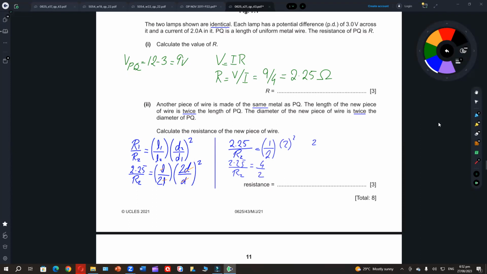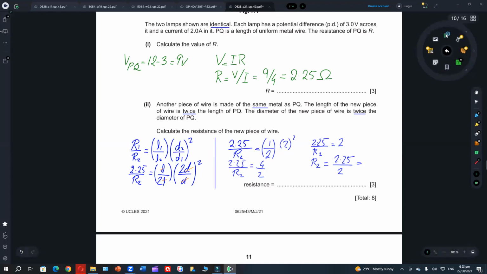I'm solving it. Please solve with me and let me know the answer if you get through this calculation. 1.125.